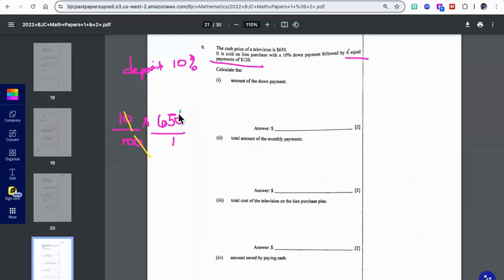Then I can take off 1 from my numerator and 1 from my denominator. So once it's in the numerator, you can take it off. What's left? 1 over 1 multiplied by 65. So let us see. 1 times 65 is going to give me 65. Let me see what y'all have.